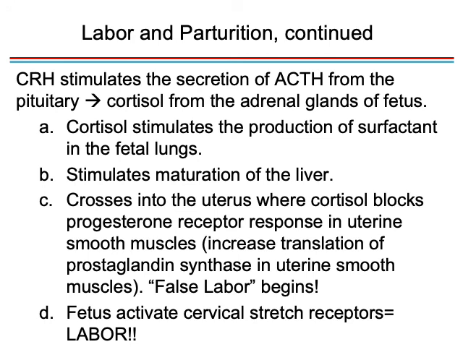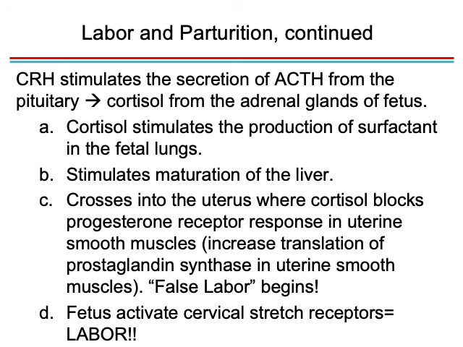There, cortisol blocks progesterone from binding to its cytoplasmic receptors. Since the progesterone receptor complex is required to block prostaglandin synthase transcription in uterine smooth muscles, now it cannot do that.